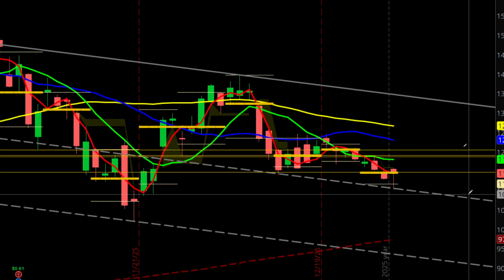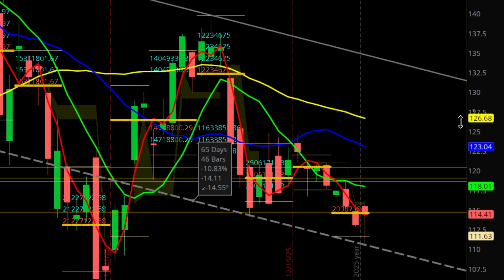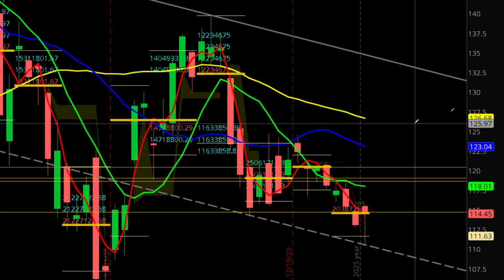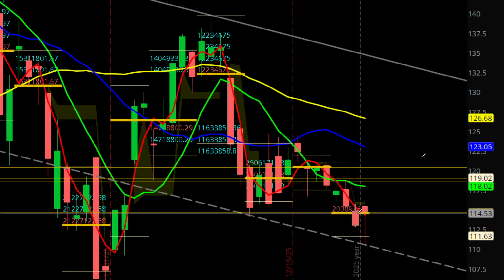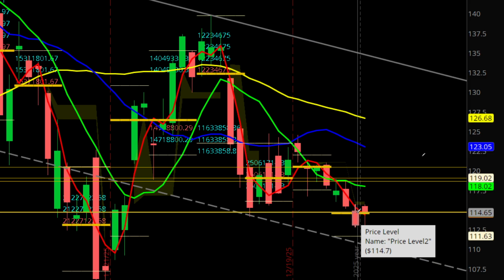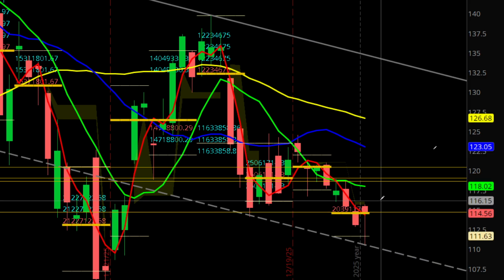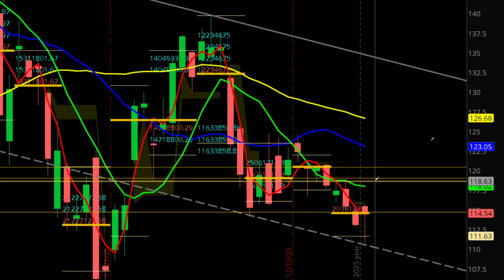Let's open this up. All right, this is busy with all these lines on here. However, this is the current volume profile line here. We do have two volume profile lines fairly close to one another from the previous couple weeks right there.